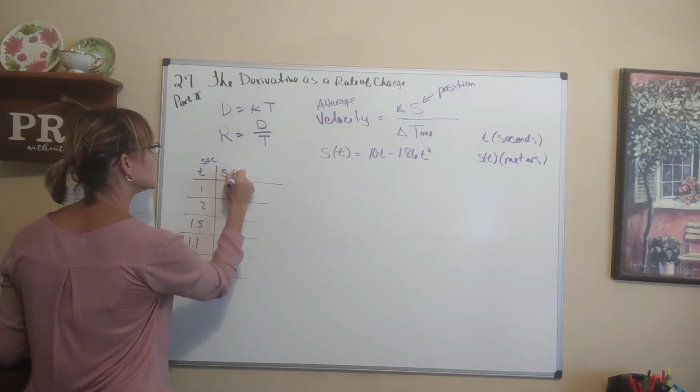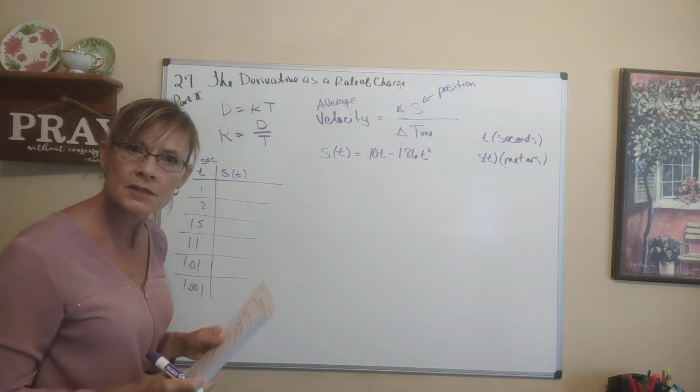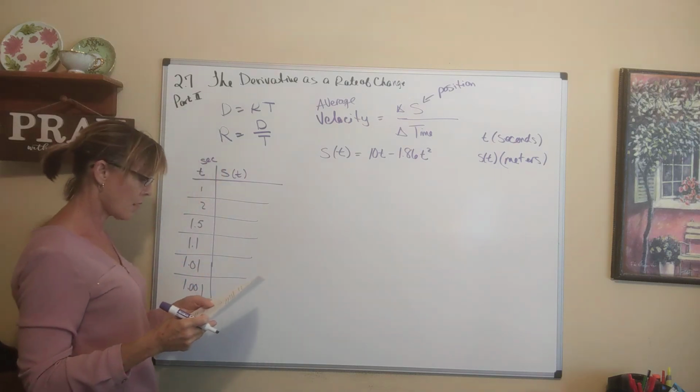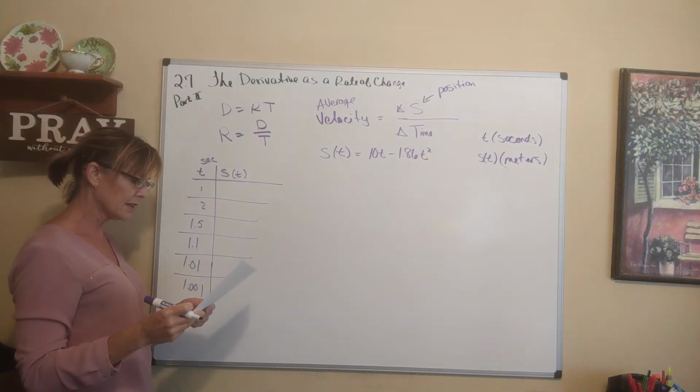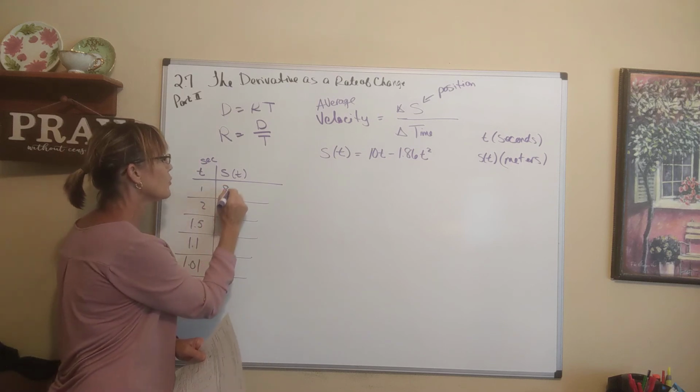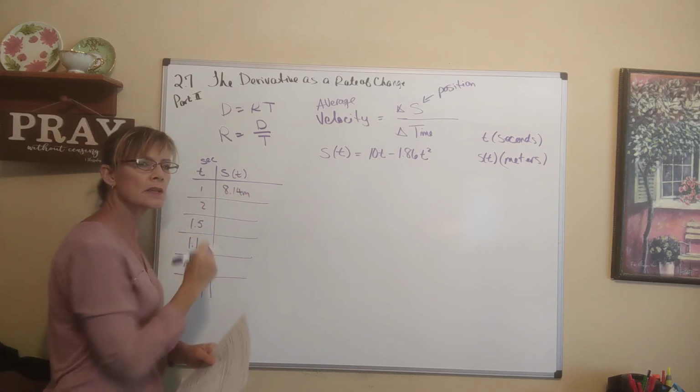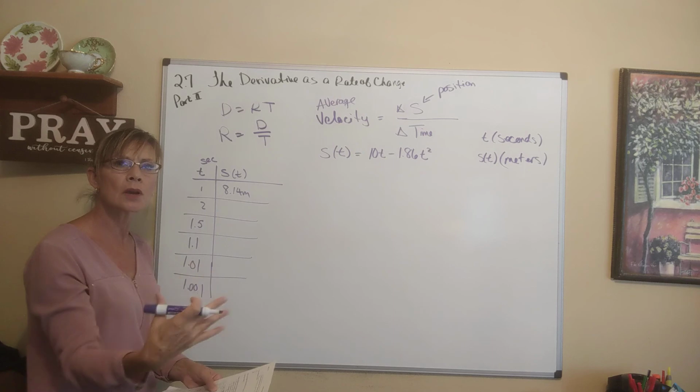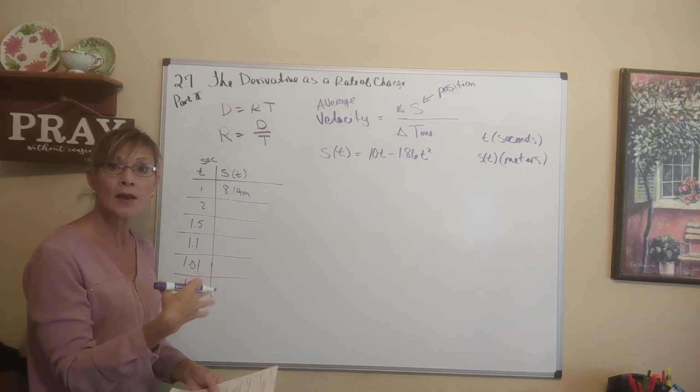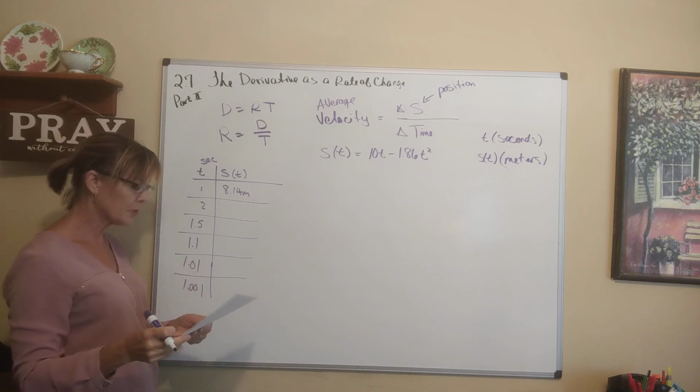What is the position after this much time has passed? So after 1 second, the height is 8.14 meters. I found these values, but you should double check, because on the last video you guys found where I'd made an error. So just make sure I'm putting these in right.